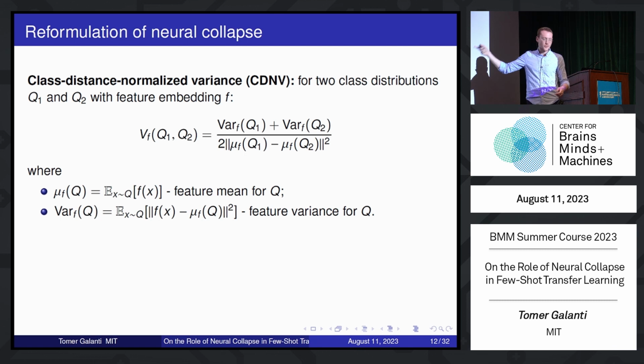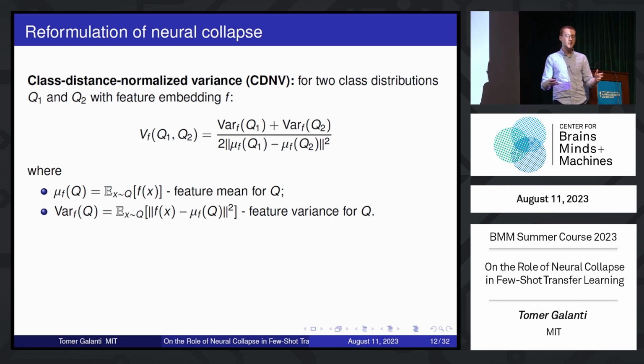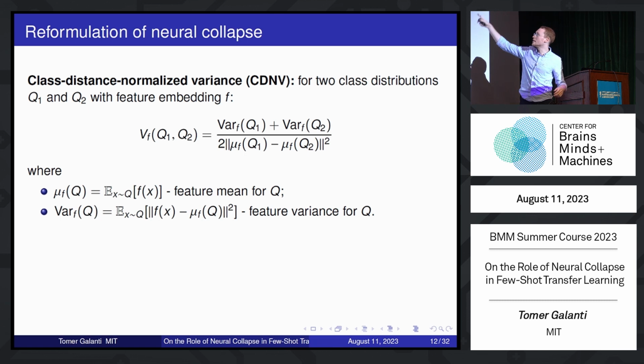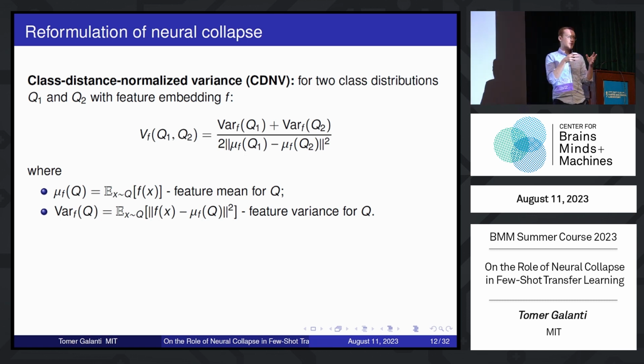And for our purpose, we will use the following notation for measuring the degree of collapse, which is slightly different than the one actually proposed, but essentially the same thing. So we look at the ratio between the variance of the embeddings of training samples for each one of the classes with respect to the distance squared between the class means.